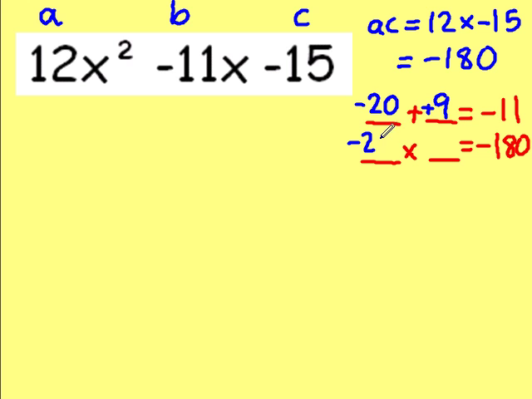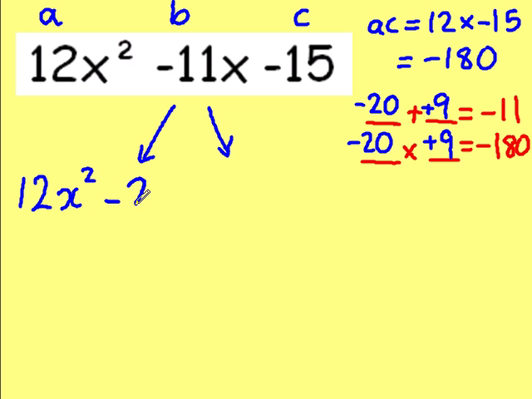So minus 20 and plus 9 is what I'm going to break the middle minus 11x into. So the next line will be 12x squared minus 20x plus 9x minus 15 at the very end.